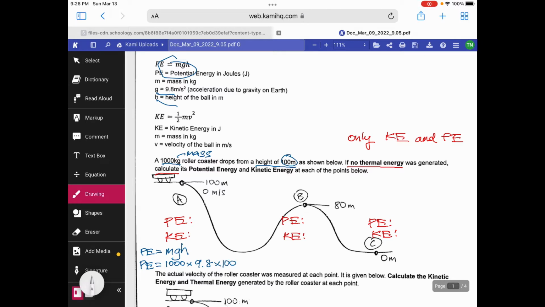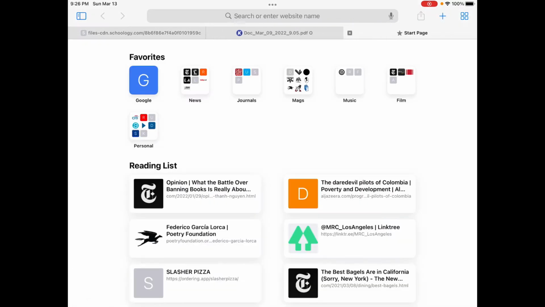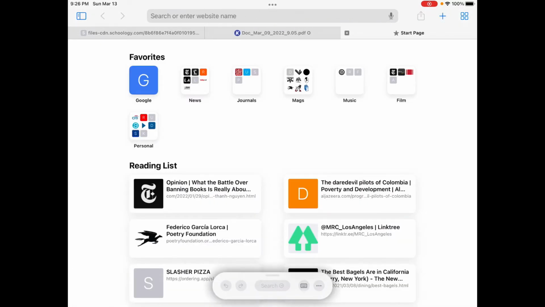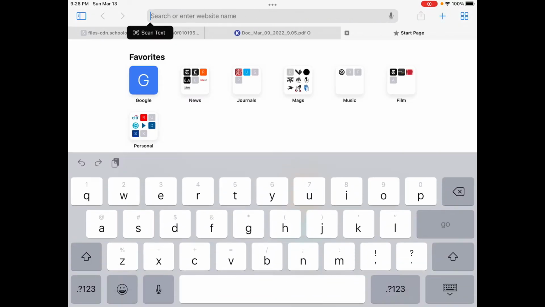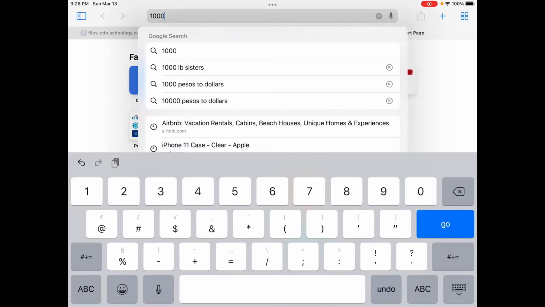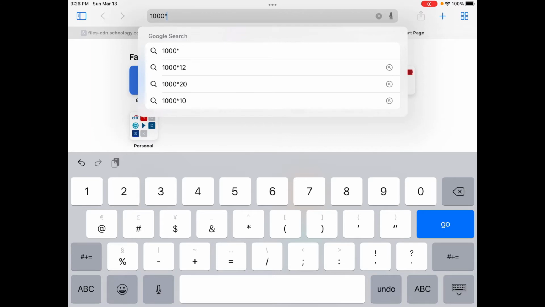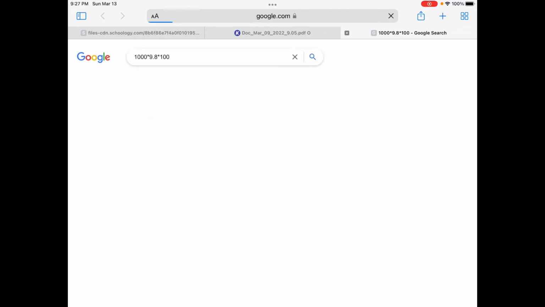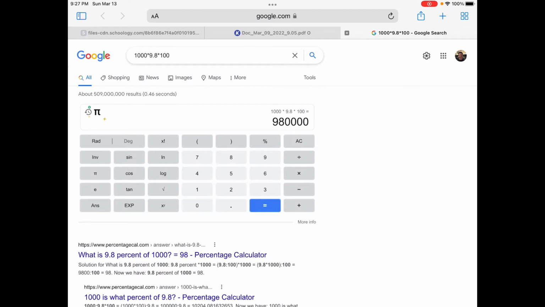So if I multiply those three numbers, 1,000 times 9.8 times 100, I get 980,000.